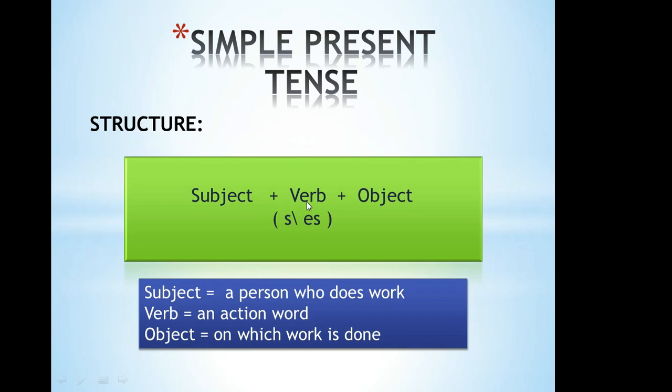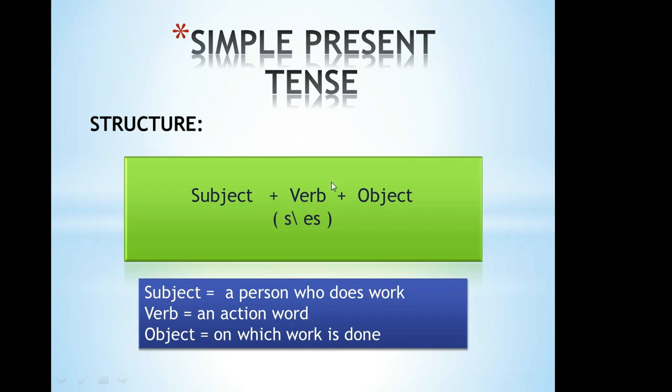Object always comes at the end of a sentence, and it means the thing on which the work is done. It can be noun, it can be pronoun, it can be any object. Okay, so this is the basic formula: subject, verb and object. And if you want to write a sentence in simple present tense, then you have to use s or es with the verb, and then you can make a positive sentence of simple present tense.